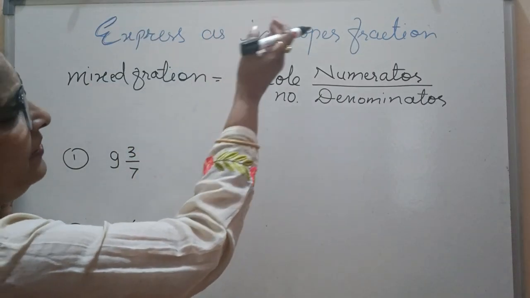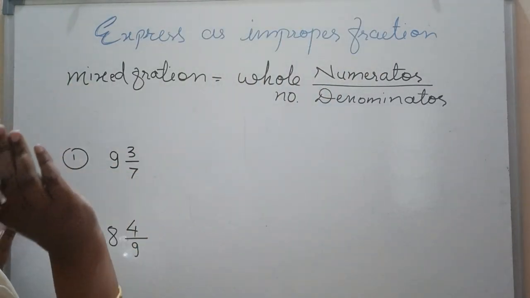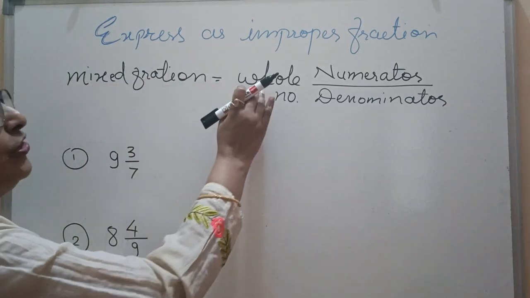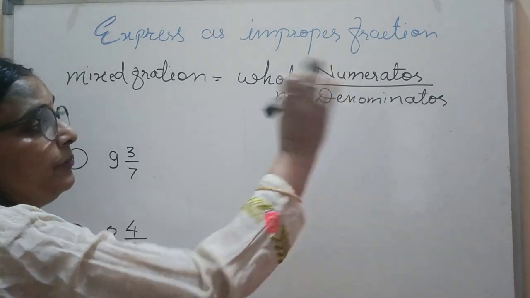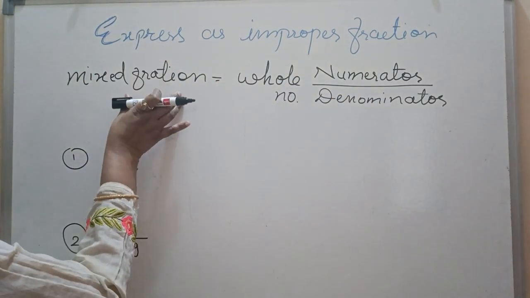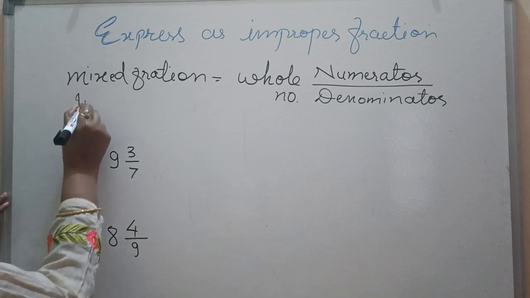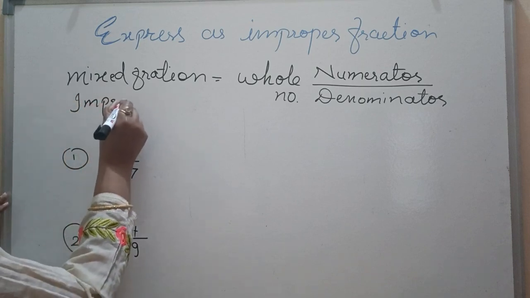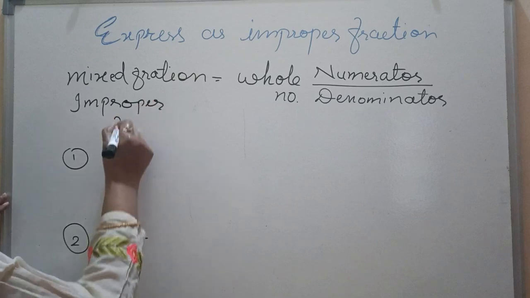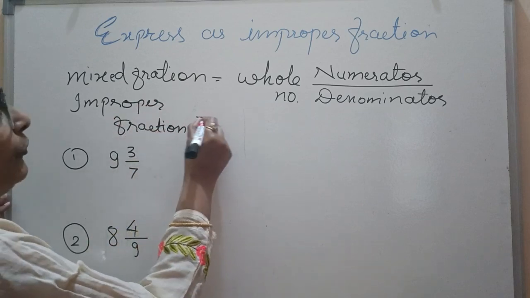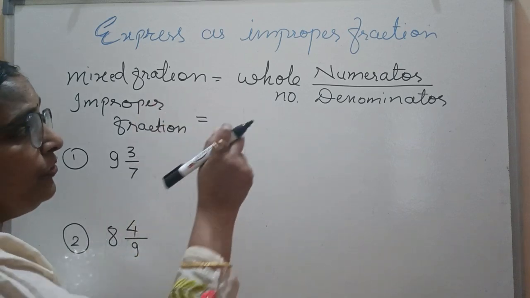Next is expressed as an improper fraction. What is mixed fraction? Mixed fraction is whole number, numerator by denominator. This mixed fraction you have to change into improper fraction. How can you change? What you have to do here?